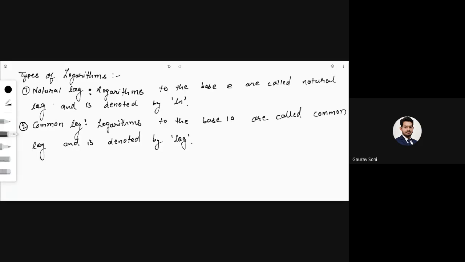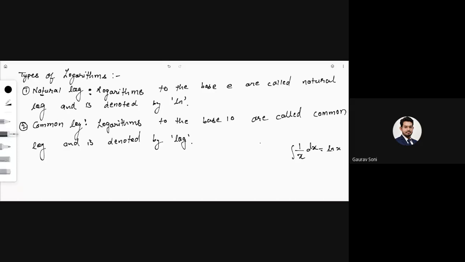The reason why it is called natural log: when you take integration, you may or may not have heard about this 1 upon x dx. We'll see this in our syllabus. When you take the integration, you get ln of x, and this ln of x is the natural log. Even in your 12th standard, you have done this in chemistry, thermodynamics, or even in physics.